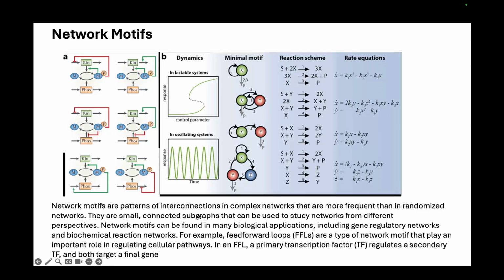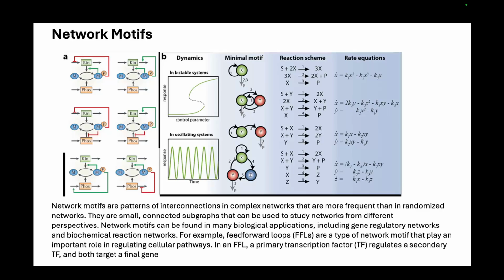So these are patterns of interconnections in complex networks that are more frequent than in randomized networks. Basically these are what define the network. These are what drive the function of the network, how the network is interacting and working and giving you outputs.